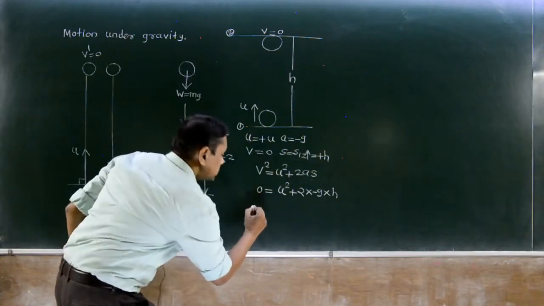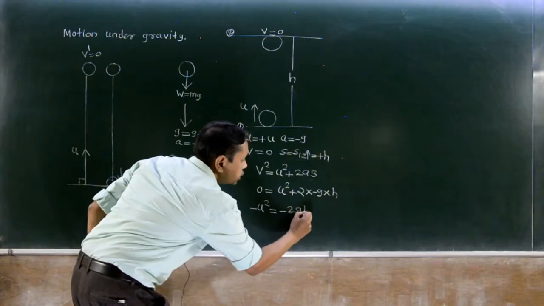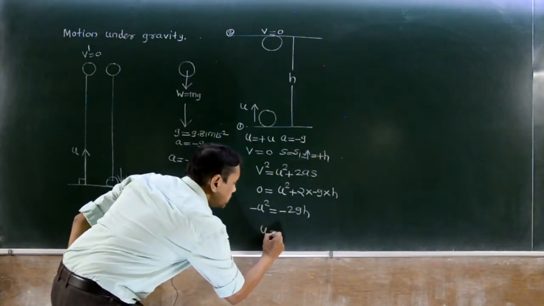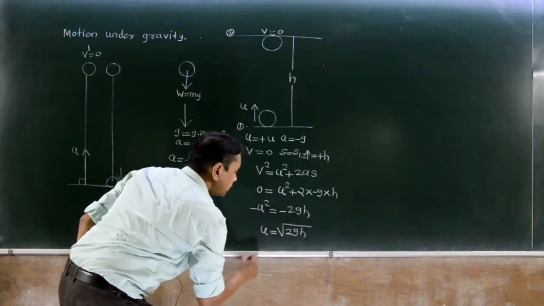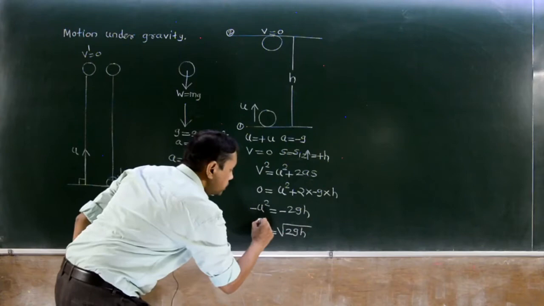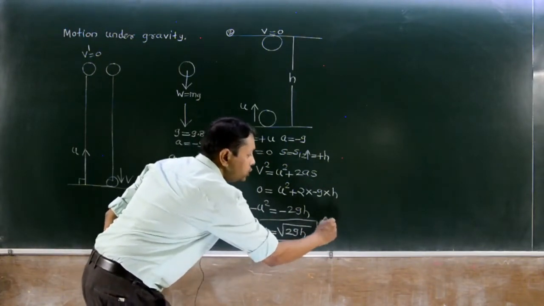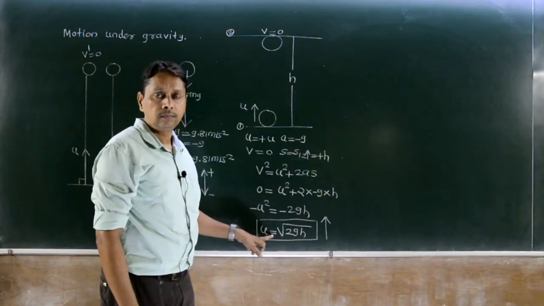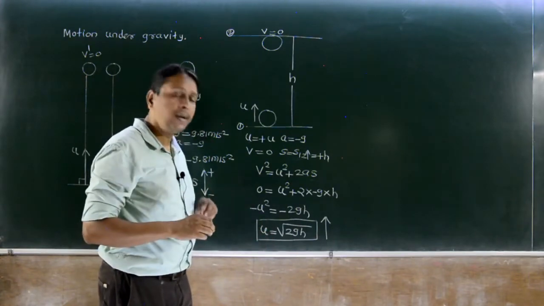So minus u square is minus 2gh, and therefore the expression for velocity is the square root of 2gh. Minus minus get cancelled. So we derive the expression for u, square root of 2gh. This formula we have to use in impact. Is it clear what I am saying? In impact we use this formula.